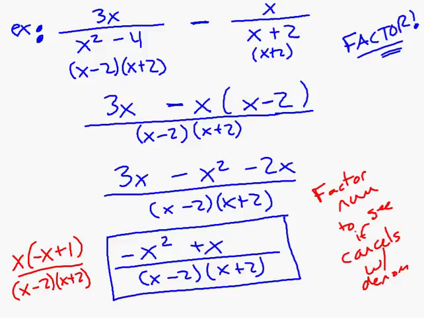Let's go on then to another one. Once we factor the numerator and it doesn't cancel, we can just go back to the answer. There's no need to go any further on that.